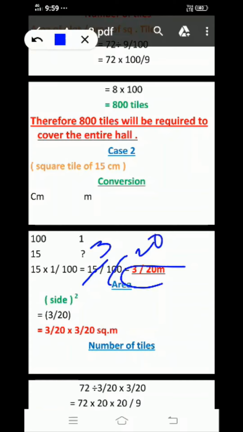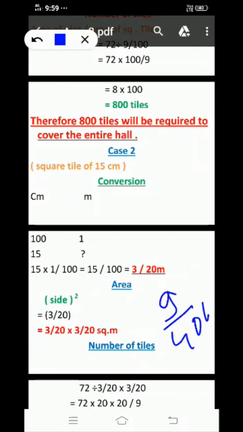Now the area formula is side square. 3 upon 20 into 3 upon 20 becomes 9 upon 400.